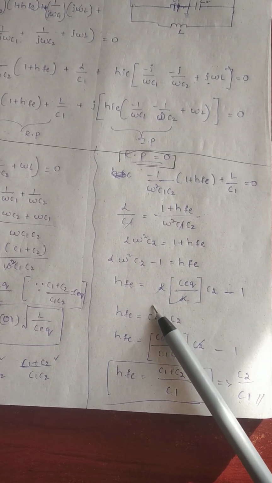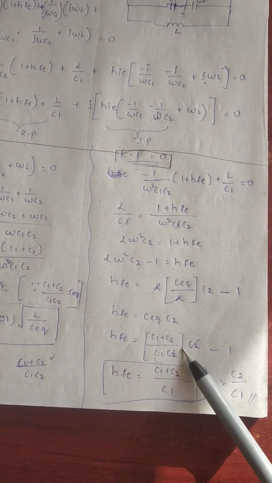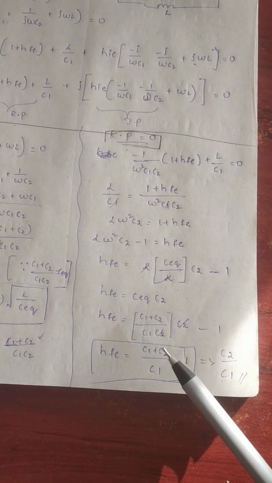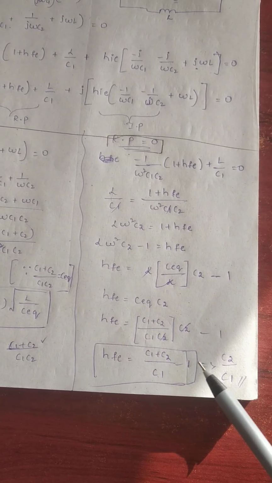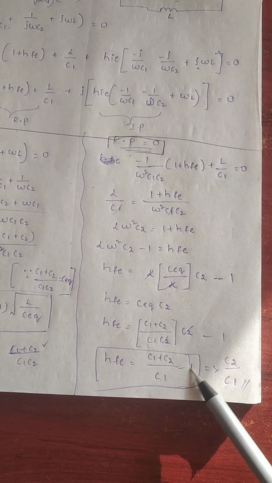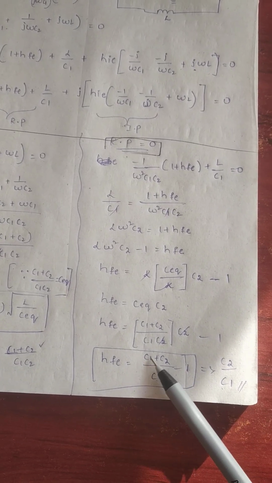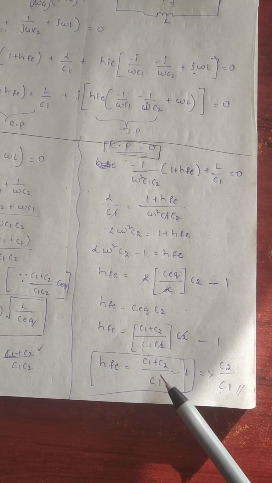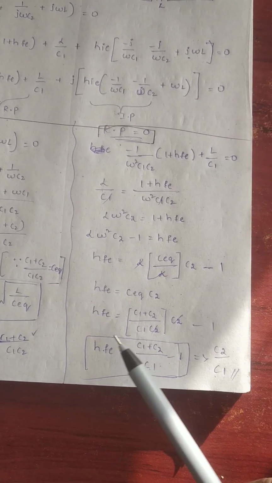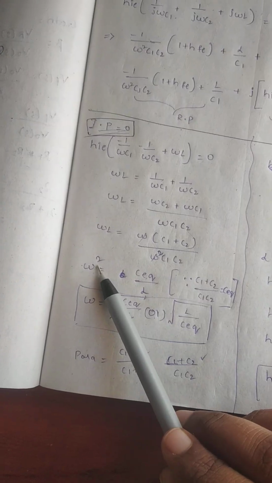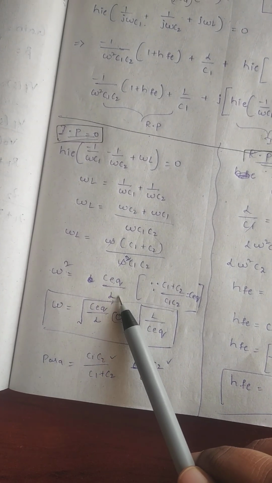So in the place of C equivalent we are writing this term, minus 1. When we take LCM, C1 gets cancelled, C2 by C1. Finally we got HFE is equal to C2 by C1 and omega square value is equal to C equivalent by L. Thank you.